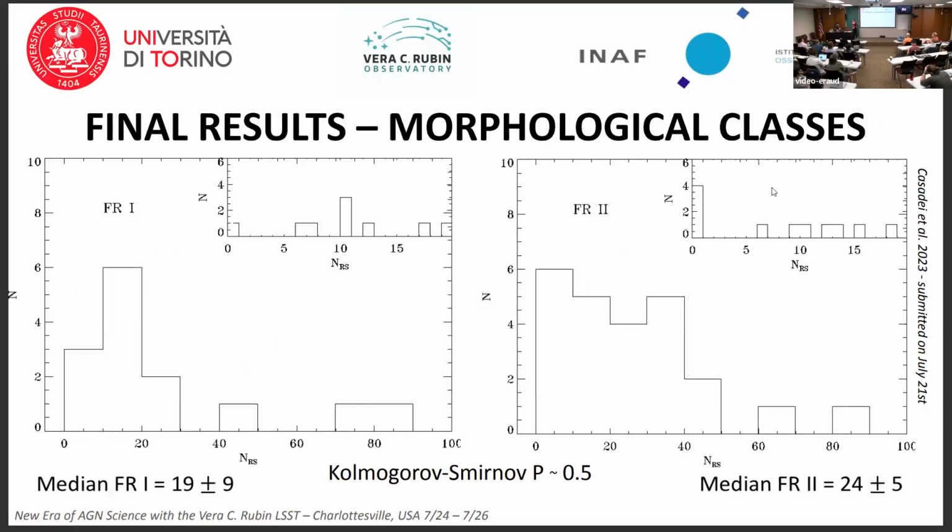I did the same thing with the FR1s and FR2s, so the two histograms and the Kolmogorov-Smirnov test. Also here we can say that the distributions are not statistically different from each other.